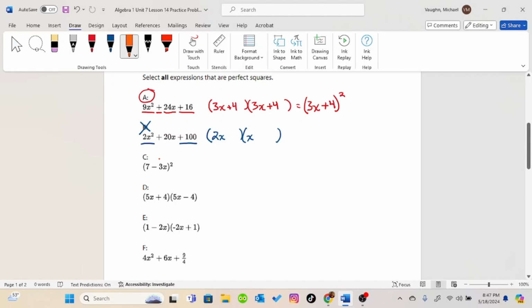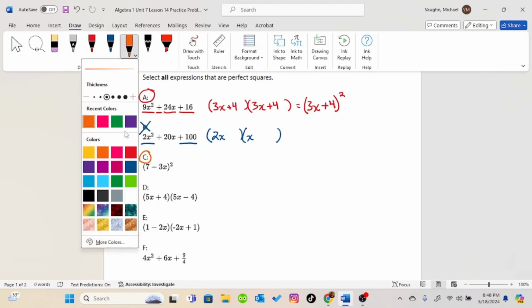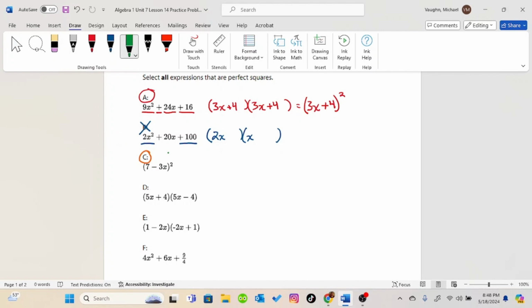Choice C. This is already in perfect square notation. We have 7 minus 3x squared. That is a perfect square, so it is a correct answer. Choice D. We have 5x in both, and we have 4 in both, but it's plus 4 in the first factor, and it's minus 4 in the second factor.